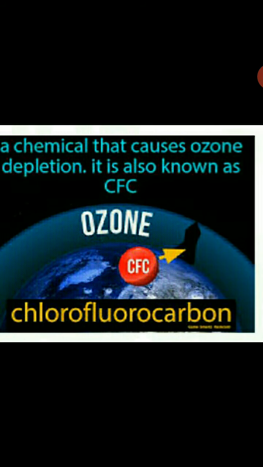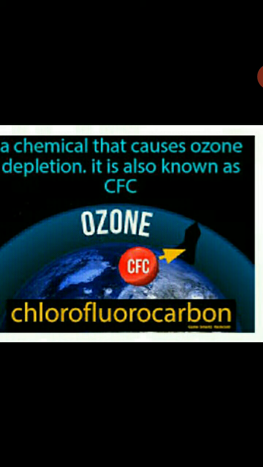Ultraviolet rays cause skin cancer and even eye diseases called cataract. So the ozone layer in the upper atmosphere protects us from these diseases by absorbing ultraviolet rays coming from the sun. It has been found that the amount of ozone is getting depleted due to the use of chemicals called chlorofluorocarbons, that is CFC.